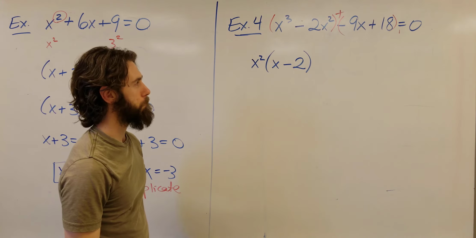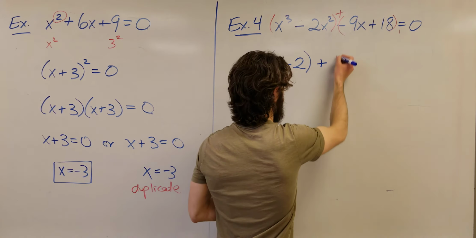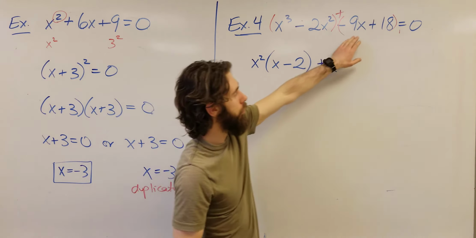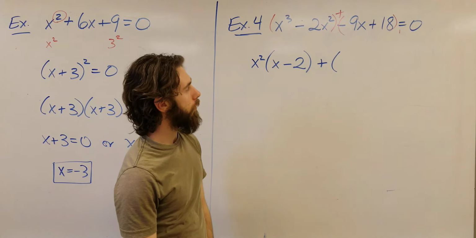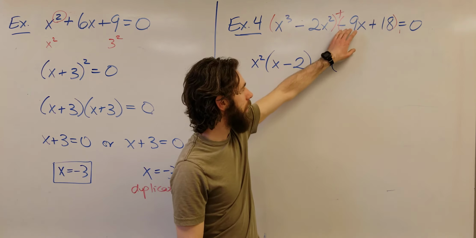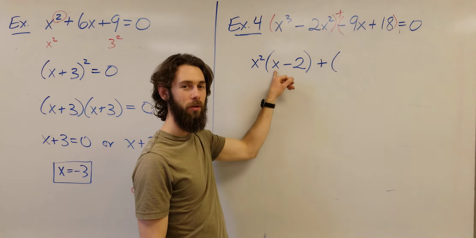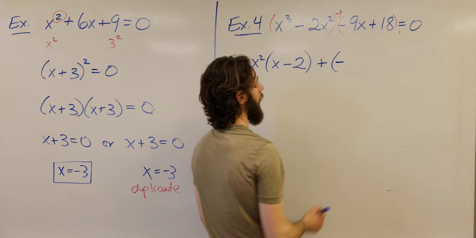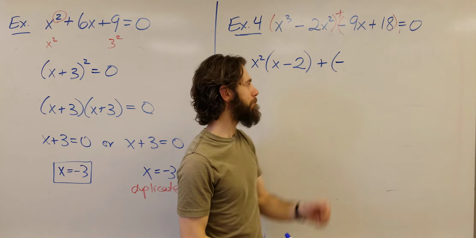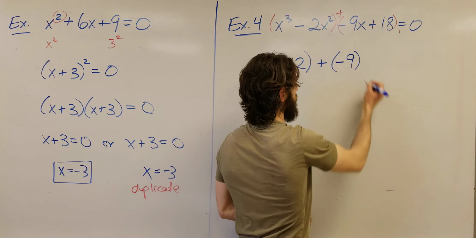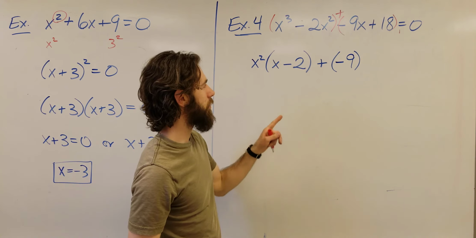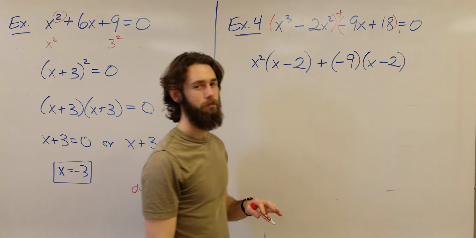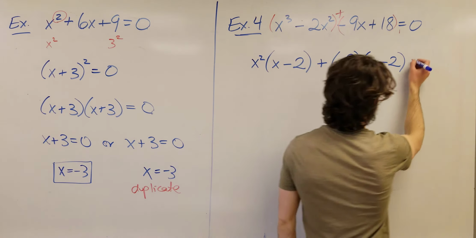Next, the next 2 terms here. We want to take the negative out because we need a positive x in the front. So take the negative 9, and then that's going to leave us with x minus 2, and then all of that equal to 0.